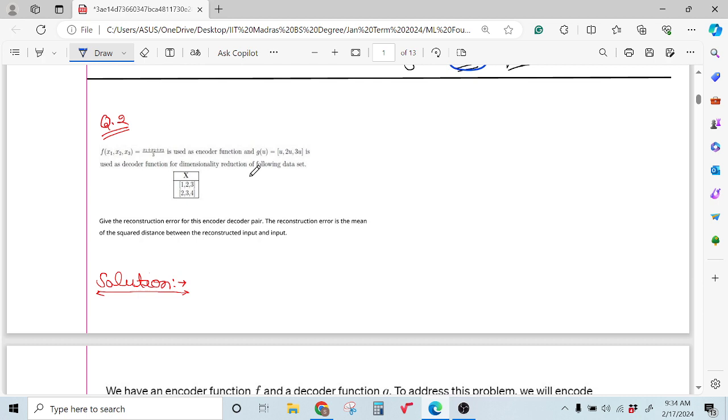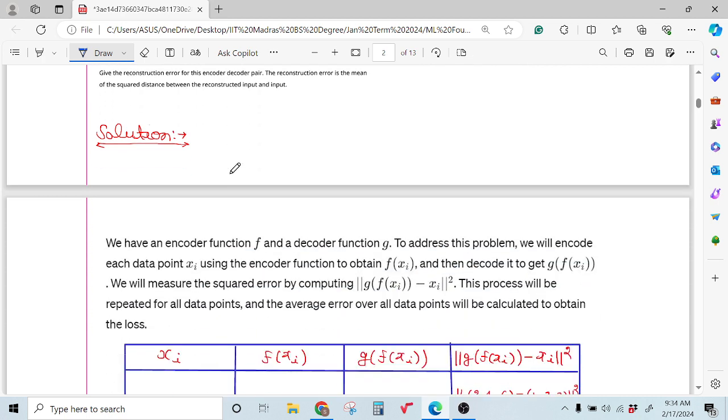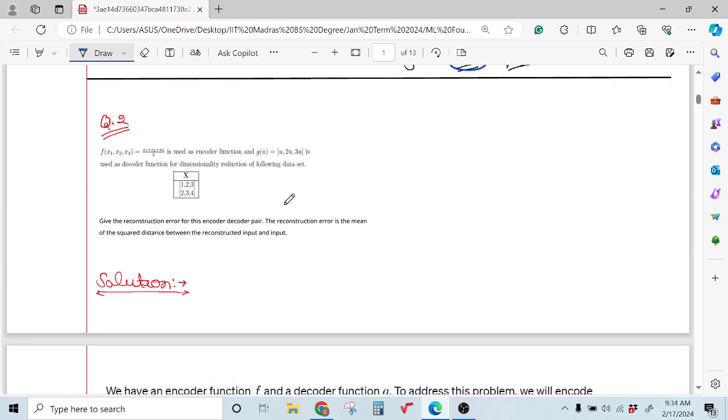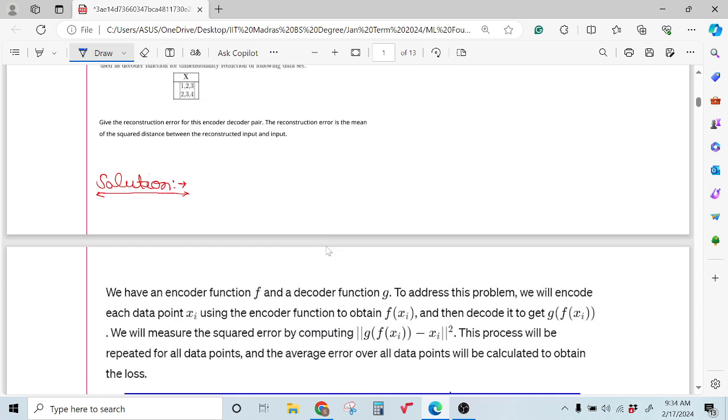So we have an encoder function f and a decoder function g. To address this problem, we will encode each data point using the encoder function to obtain f(xi), and then decode it to get g of f(xi), and we will measure the squared error by computing the modulus of g(f(xi)) minus xi whole square.